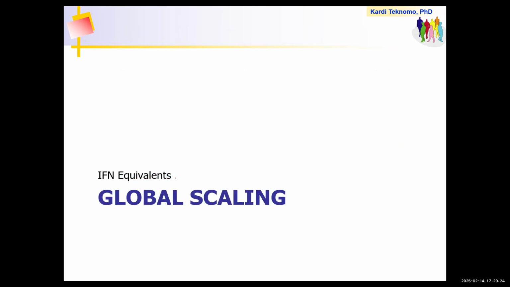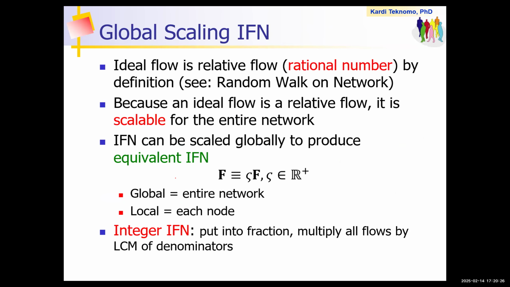Let's get the definition of global scaling. The value that we multiply from one IFN to the other, equivalent IFN, is called global scaling. Why do we call it global? Because we need to multiply all the link flows.